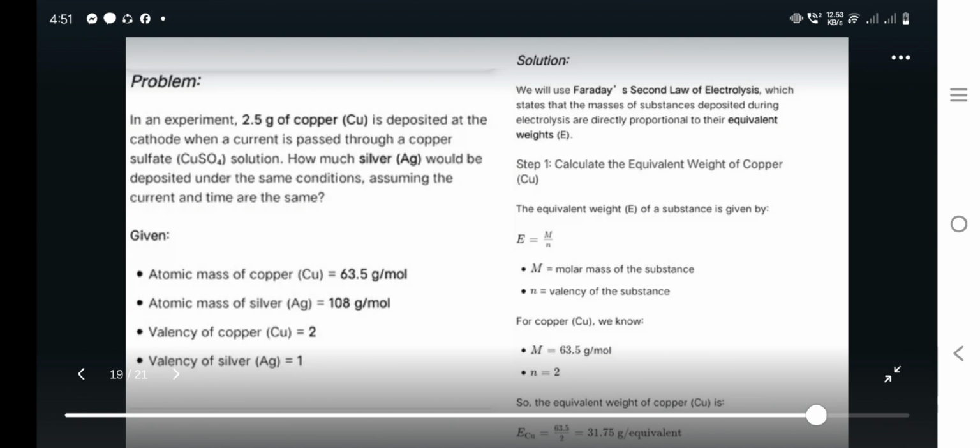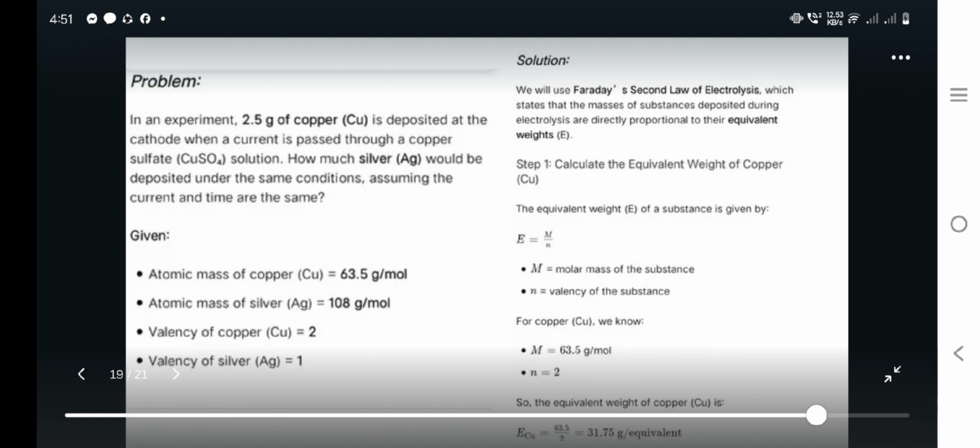So in solution, we will use Faraday's second law of electrolysis, which states that the masses of substances deposited during electrolysis are directly proportional to their equivalent weight. So step 1 is calculate the equivalent weight of copper.